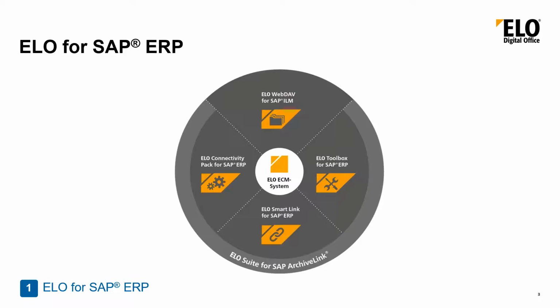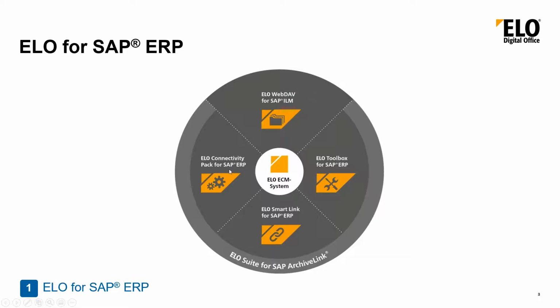So SAP ILM is a specific tool component of SAP that was designed for topics regarding data archiving and everything that comes with it. If you look at, for example, regulations like GDPR, SAP ILM is also designed to comply to law depending on the country that you're in.